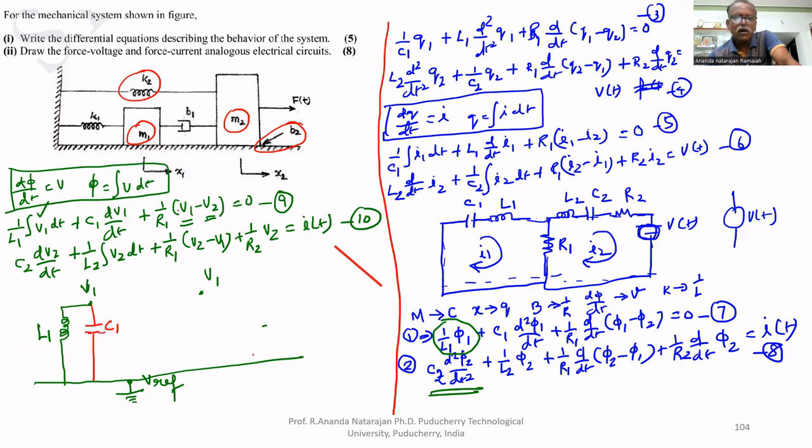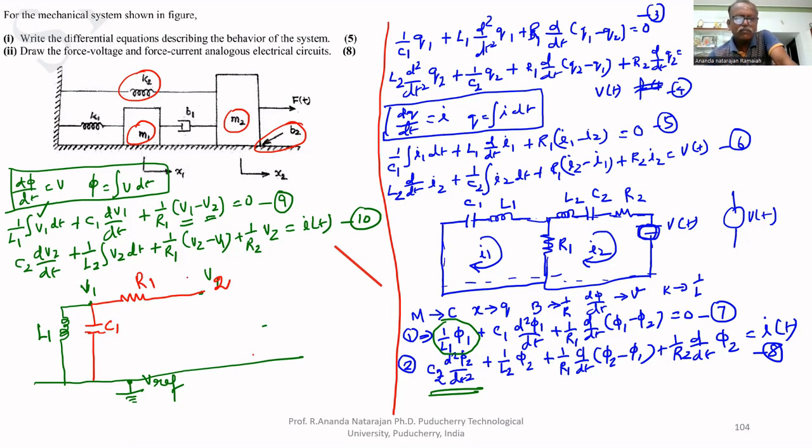The third one is R1, which is between V1 and V2, so we draw R1 like this, between V1 and V2.